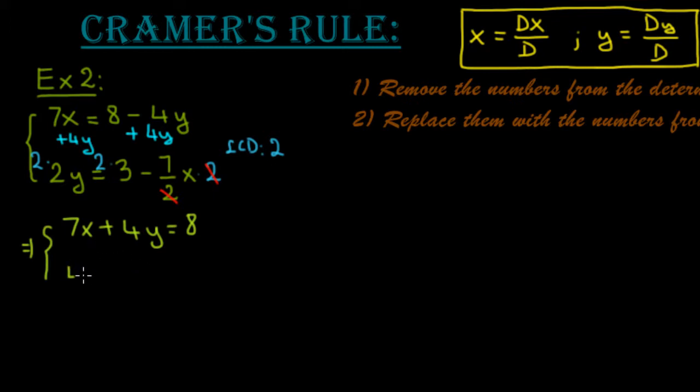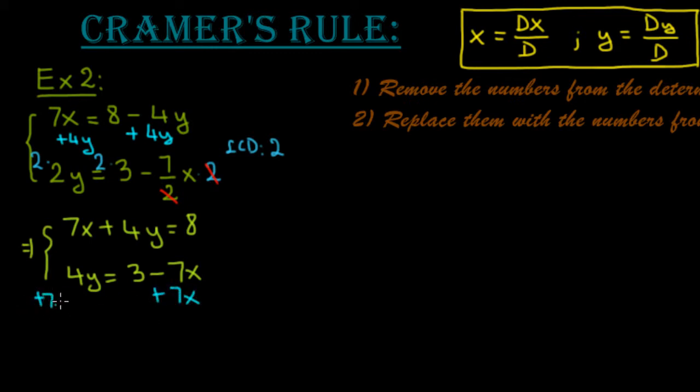Then we have 4y equals 3 minus 7x. Okay. The first equation is already in general form, so we're good on that one. But in the second one, x and y still stay on both sides. So I'm going to move x to the other side by adding 7x on both sides.